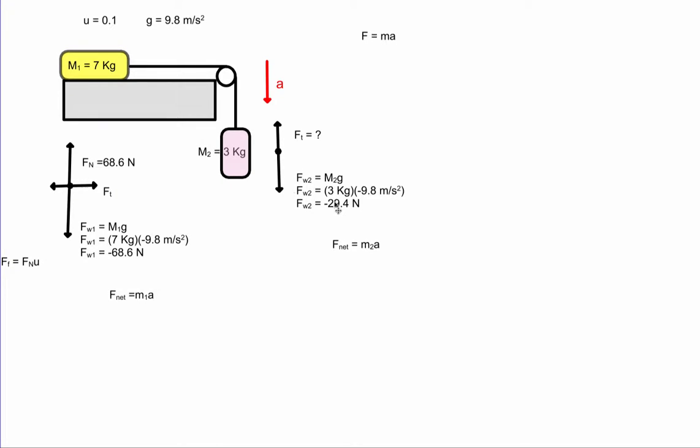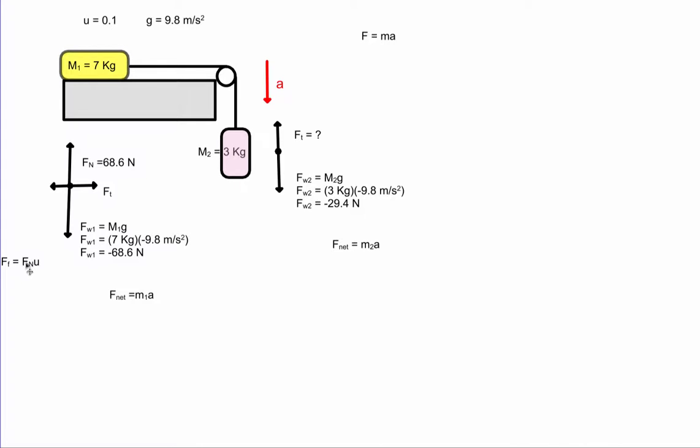The 3 kilograms is mg, 3 times 9.8 meters per second squared, which gives me 29 newtons, and that's negative because it's down. And I found the weight of the other object, 7 kilograms, and the normal force.